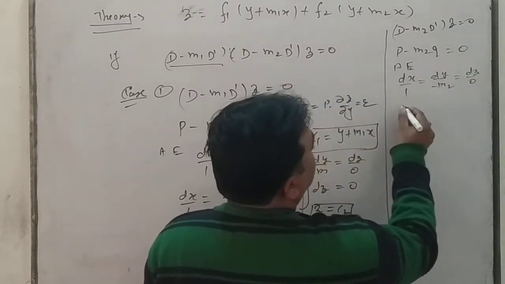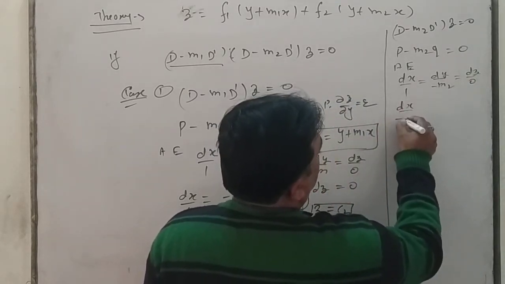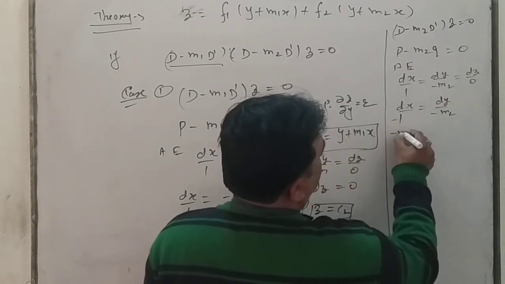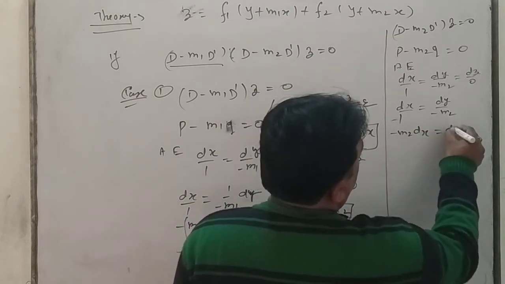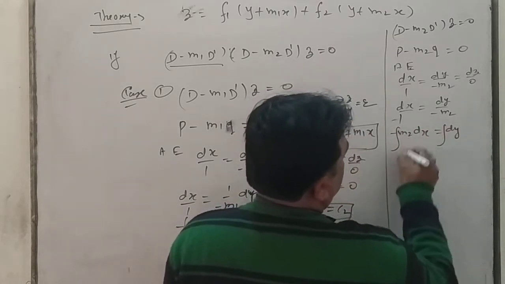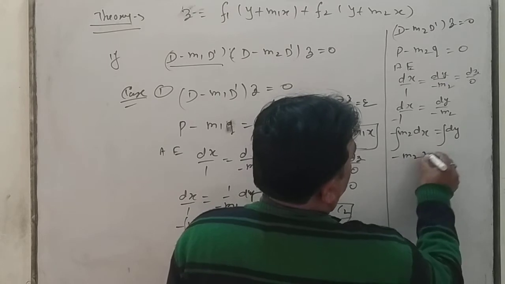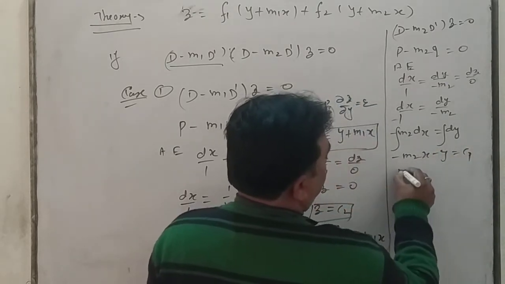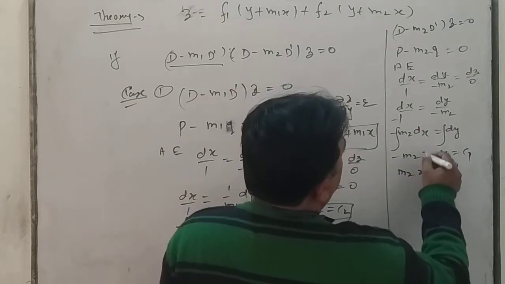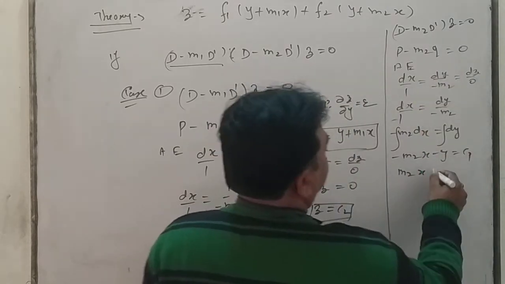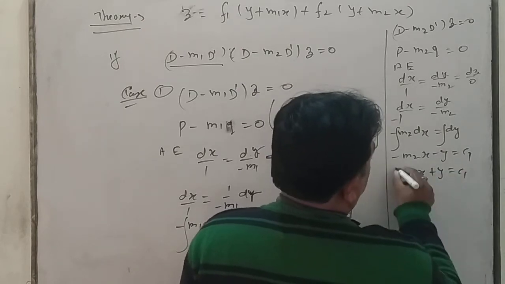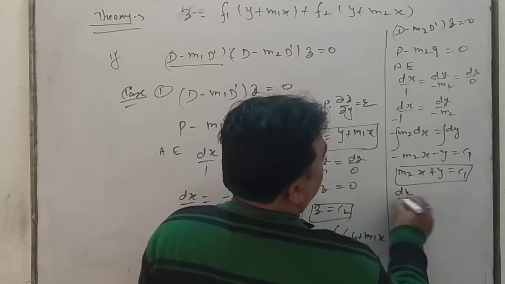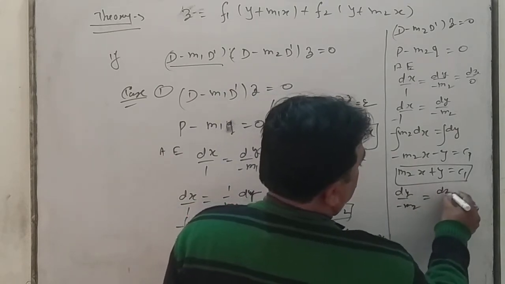Taking the first and second terms, dx over 1 equals dy over minus m2. Cross multiply: minus m2 dx equals dy. On integrating, minus m2 x minus y equals c1, that is, minus m2 x plus y equals c1. Taking the second and third, dy over minus m2 equals dz over 0.